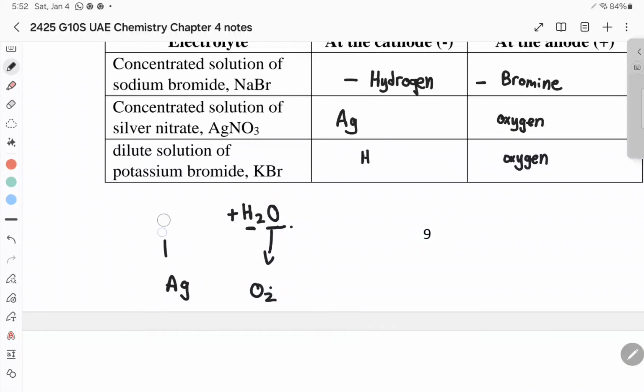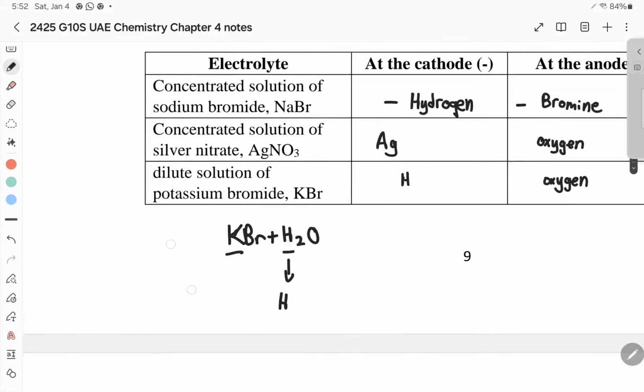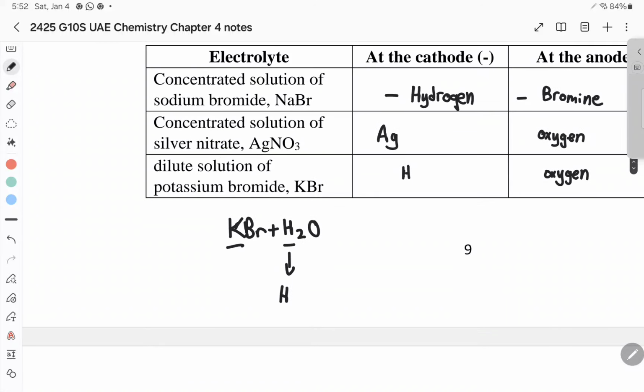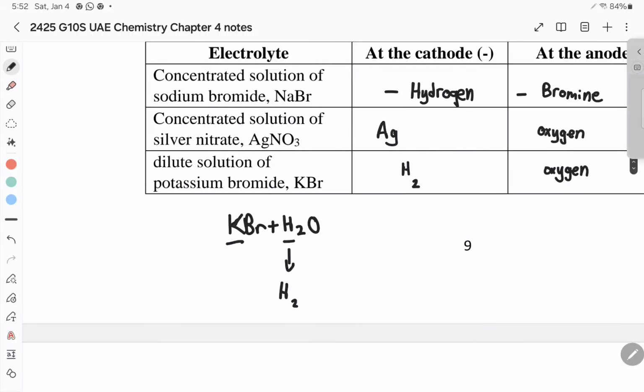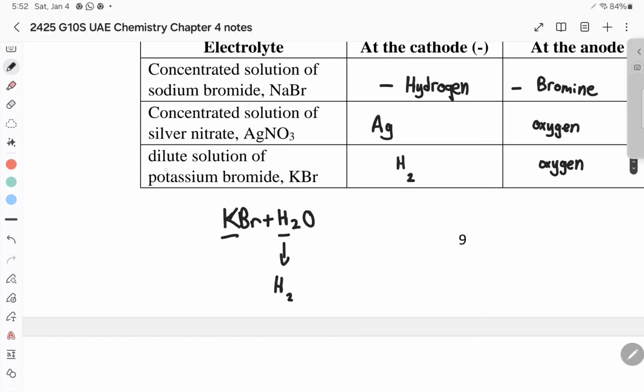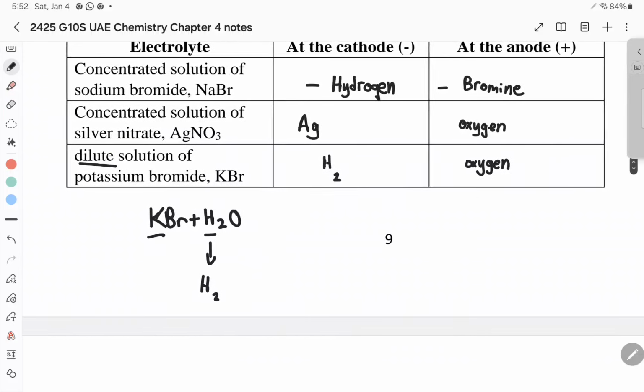Now, between this and KBr, between potassium and hydrogen, hydrogen is going to be at the cathode, and it's going to be hydrogen gas, by the way, so H2. And between Br and OH, since it's a dilute solution, you don't care that Br has a higher tendency, you're going to have oxygen forming at the anode. So OH is going to form oxygen.